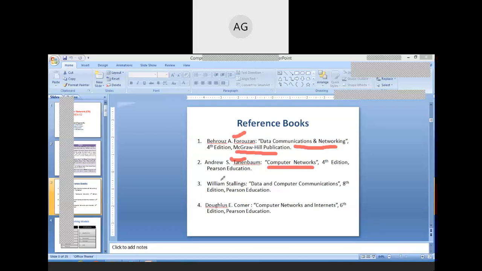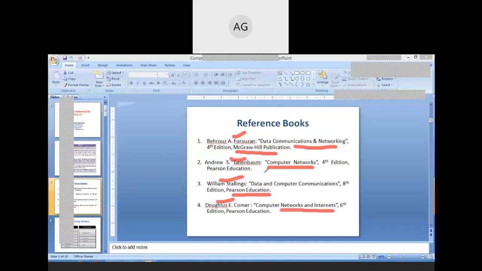The other important book is by William Stallings. The name of the book is Data and Computer Communication, and you can go through the eighth edition, which belongs to Pearson Education. The last book is written by Douglas E. Comer, and its name is Computer Networks and Internets, and it belongs to Pearson Education.